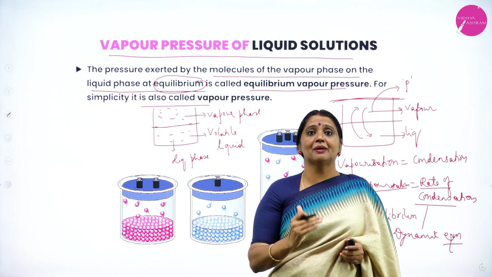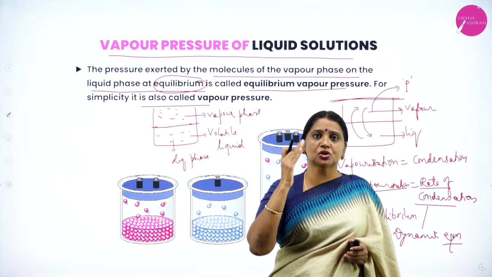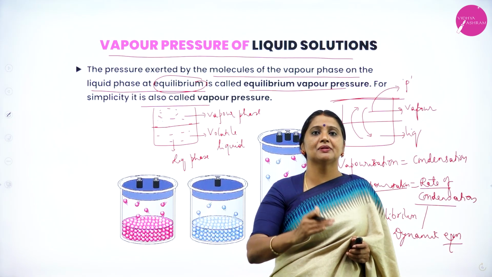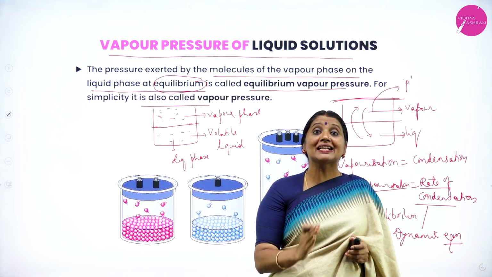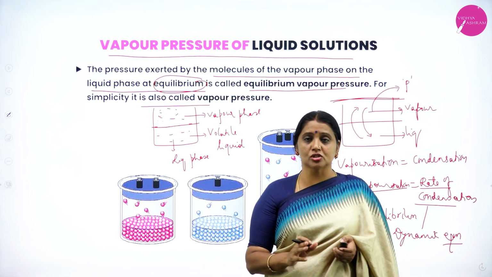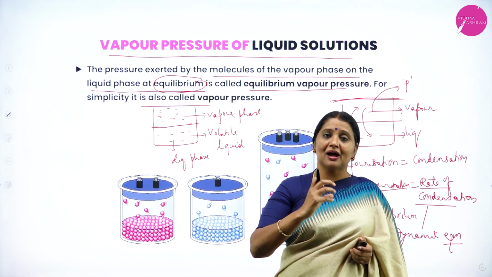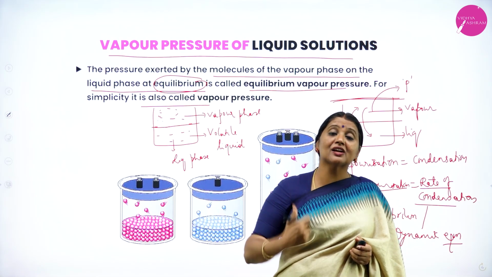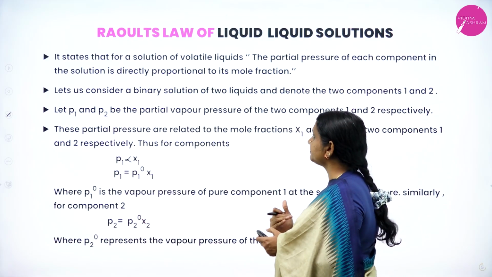The pressure exerted by the vapor phase which is present above the liquid phase at equilibrium is called vapor pressure, and it is also called equilibrium vapor pressure. It is denoted by P. Therefore, the pressure exerted by the vapor phase must be collected above the liquid phase at equilibrium.